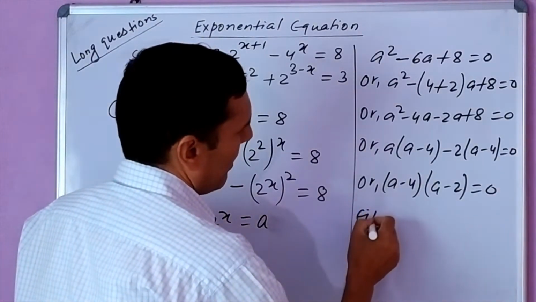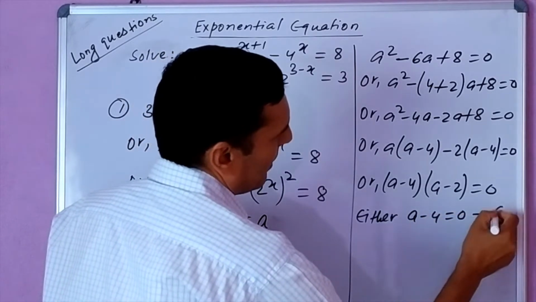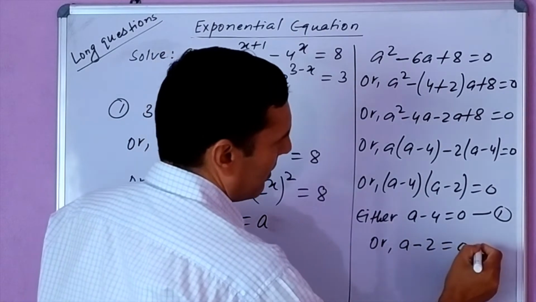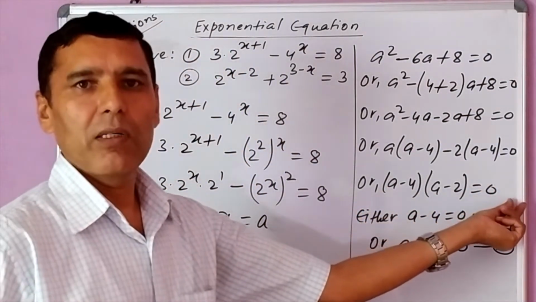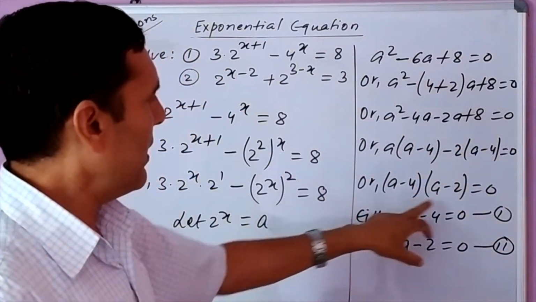So here we can write either a minus 4 is equal to 0, equation 1, or a minus 2 is equal to 0, equation 2. Once we have these, we can equate each factor with 0.